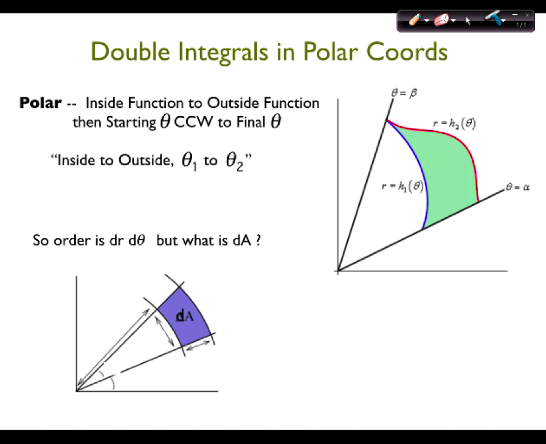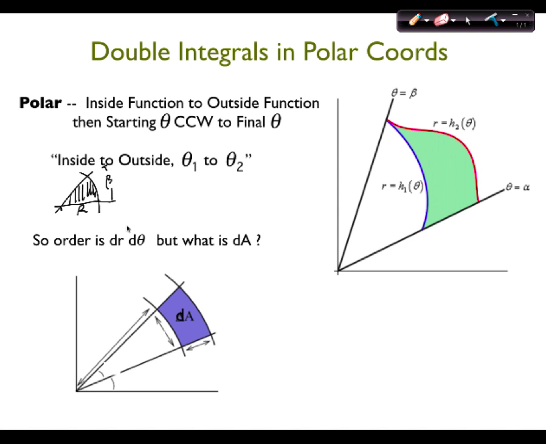Before we do that, we need to review the area of a sector of a circle. So if you had a sector of a circle, and say this is capital R, this radius here, and let's say this angle is beta.